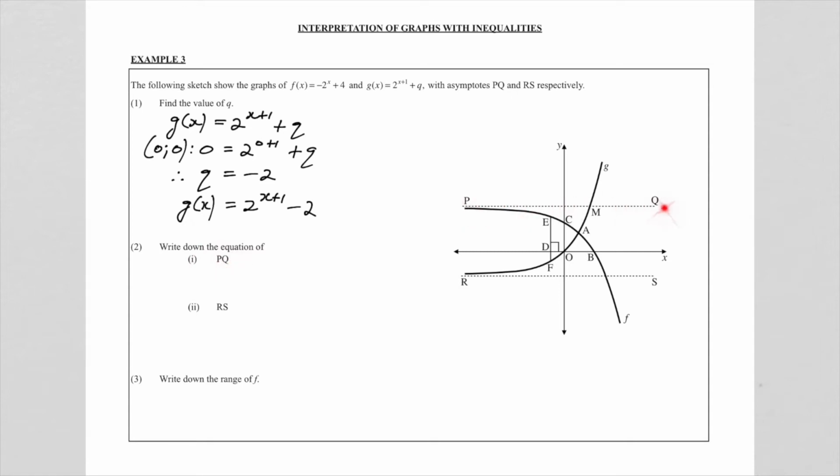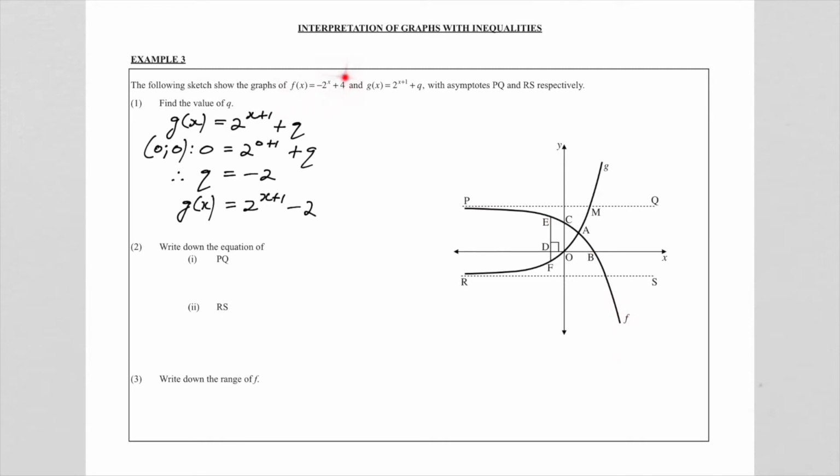It is this asymptote PQ. We want the equation, and that equation will be y equal to. So we just need to look at our equations given to us, and we need to determine what is that y value to be able to find the equation of PQ. Now, this PQ is the asymptote of function f.